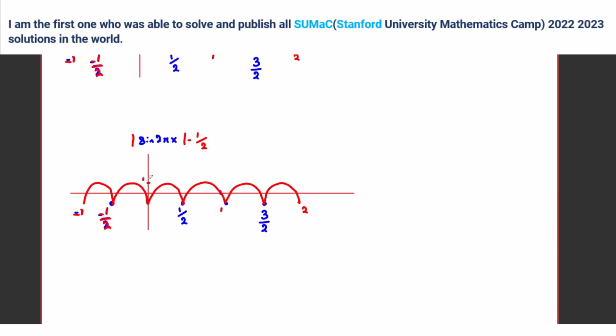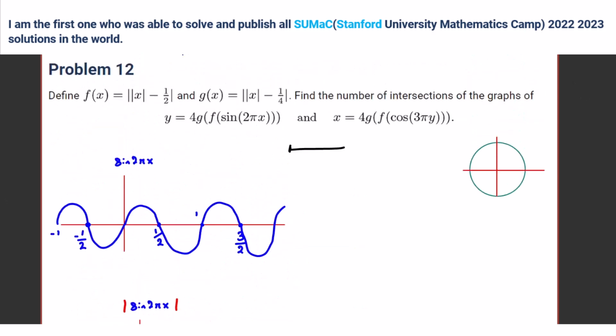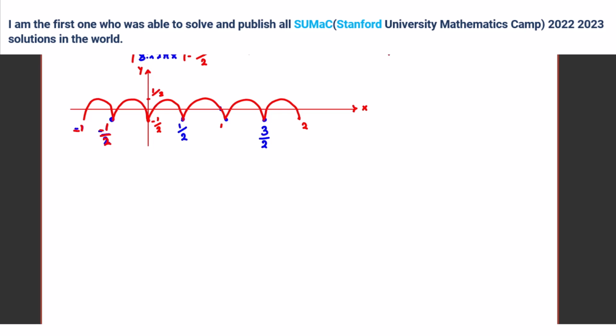And this new horizontal line is the new x-axis after you subtract. Agreed? Yeah. Okay.